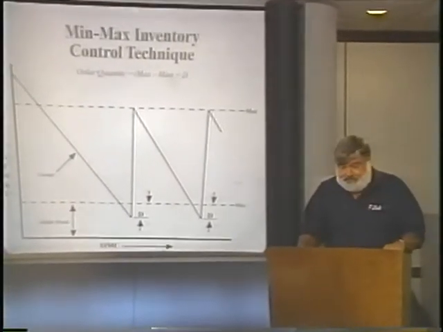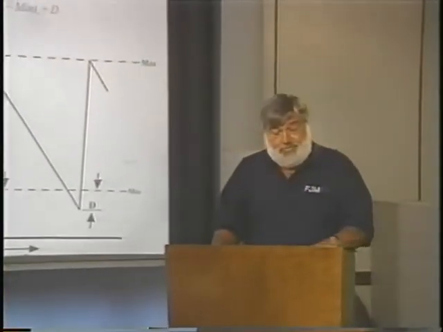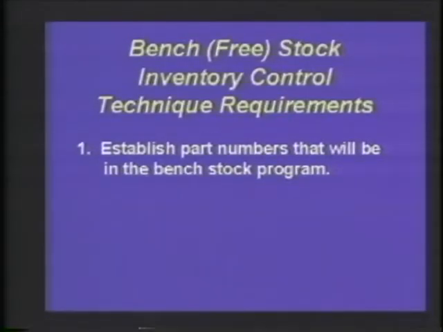Moving to the next example on page 31, we have 3 pages here, 31, 32, and 33, that addresses the bench stock or the 2-bin system, and the procedures are identified on 31 and 32. These are the items that are going to be carried in your maintenance repair shop. Step 1 is we establish the part numbers.